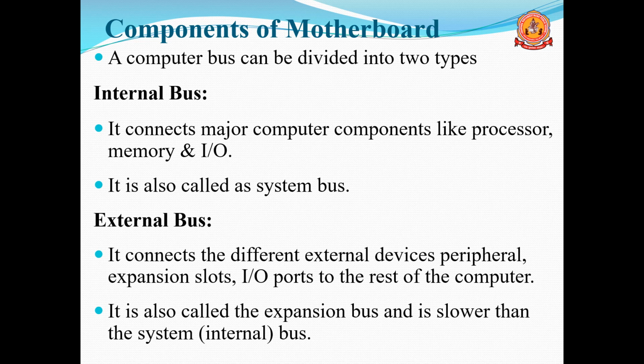The next one is the external bus. It connects different external devices, peripherals, expansion slots, IO ports to the rest of the computer. It is also known as the expansion bus, and it is slower than the system bus. Remember, two types of bus are available.